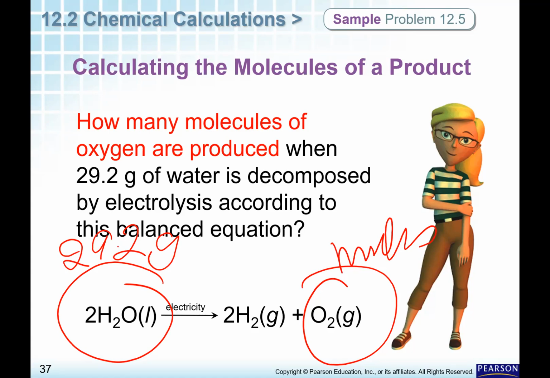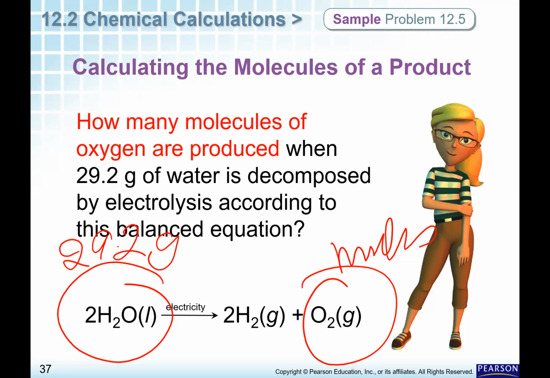That is very good. Once we get the moles of water, then we need to convert it to see how many moles of oxygen. It's O2, but okay.